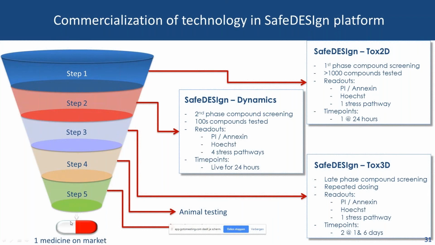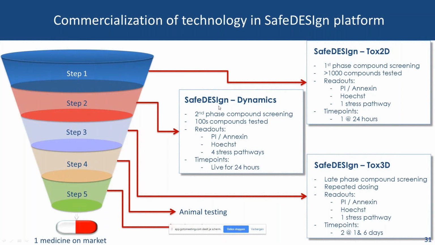So hopefully, the SafeDESIgn platform can help with this and make it shorter and cheaper, especially in the first part of the preclinical in vitro screening. With different products, for example, the SafeDESIgn Tox2D is a product in which we can screen at one time point. It's quite high throughput, so we can handle thousands of compounds in one screen.